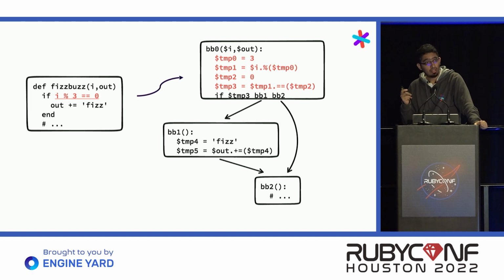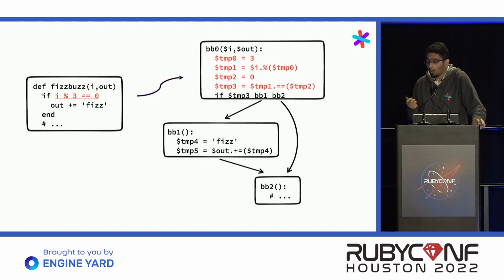Each literal is becoming a temporary variable, and the percentage and the equals have become method calls. If you've implemented operator overloading, you've seen that percentage and equals, even though they look different from method syntax, are actually just methods. And that's made very explicit in the control flow graph structure.